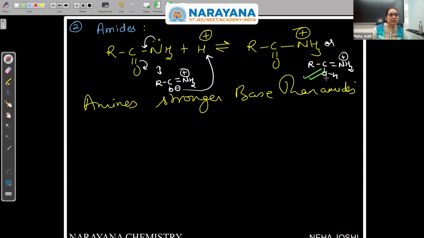As you can see, this is the oxygen donor. If you take this, then we have already talked, this is a minus I group. So any which way, amides cannot win over amines in their basic strength. Is that absolutely clear? So amines are always stronger base than amides.